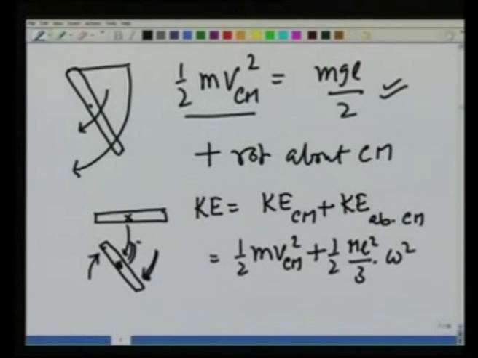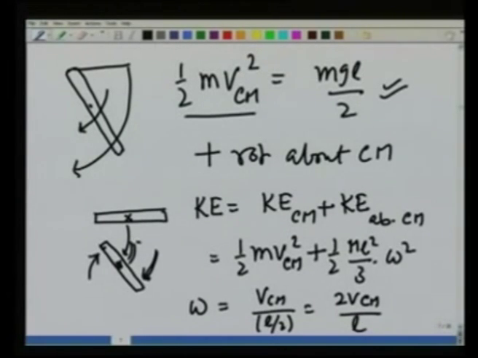Omega by definition here is going to be V c m divided by L by 2, which is 2 V c m divided by L. Oh sorry, about center of mass, this should be 12, not 3. It is 3 about the point O, about Cm it is 12. If you substitute these numbers in, you get precisely the answer that you got earlier.